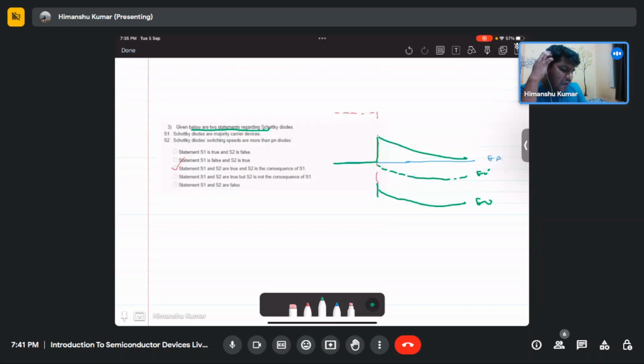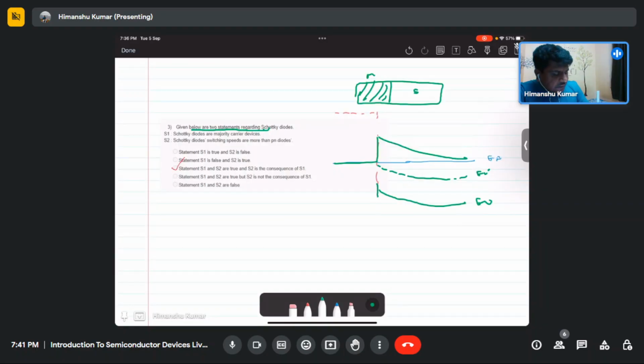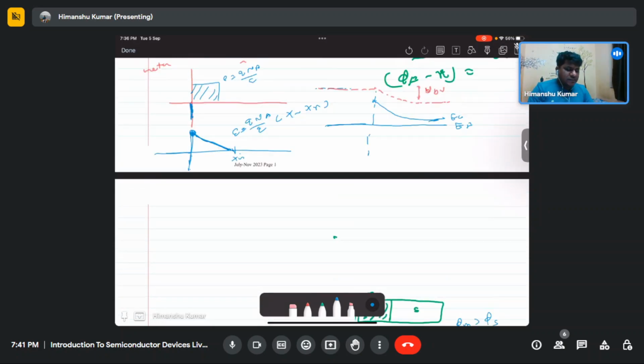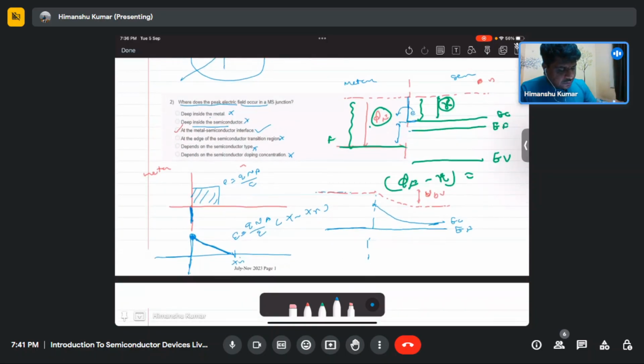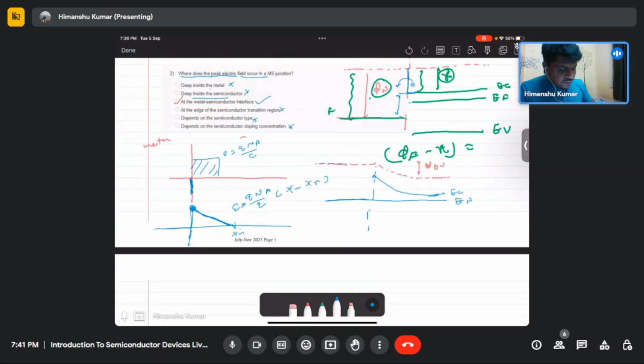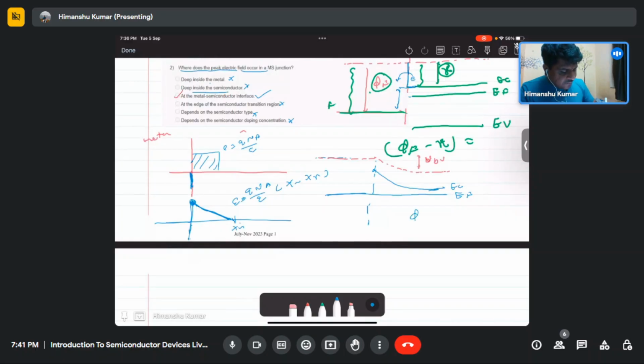This is the specific example when the metal work function phi m is greater than the semiconductor work function. What does that mean? It means phi m is greater than chi plus EC minus EF, since the semiconductor work function is the electron affinity plus this gap. If phi m is greater than that, then it will be a Schottky junction.